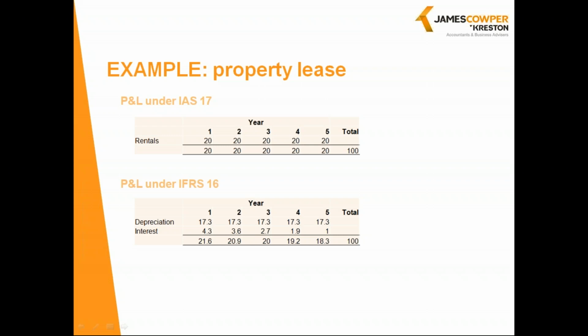But the interest charge will be higher in the early years and lower in the later years. We're assuming here that depreciation is straight line, which I think for a property will typically be the right approach. The interest will reduce over time because the future payments, and therefore the liability, are lower towards the end. So there's a smaller debt outstanding, and therefore a smaller interest charge, effectively front loading the cost.